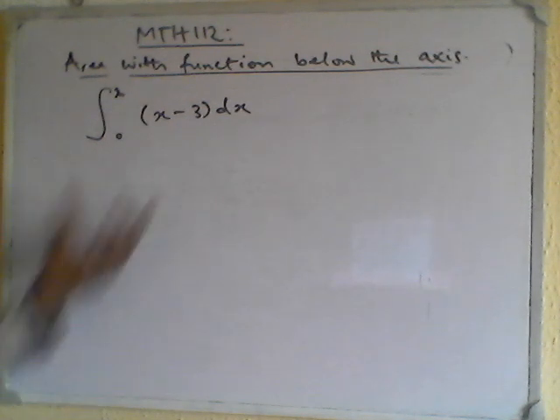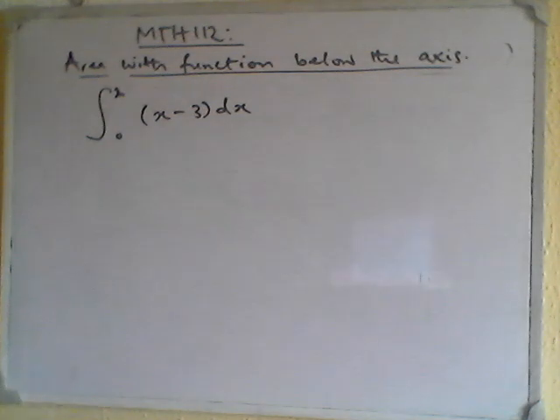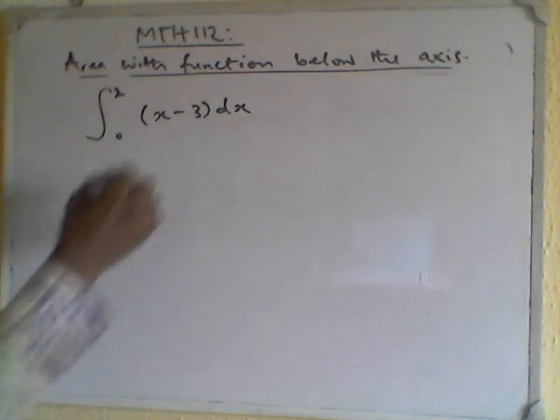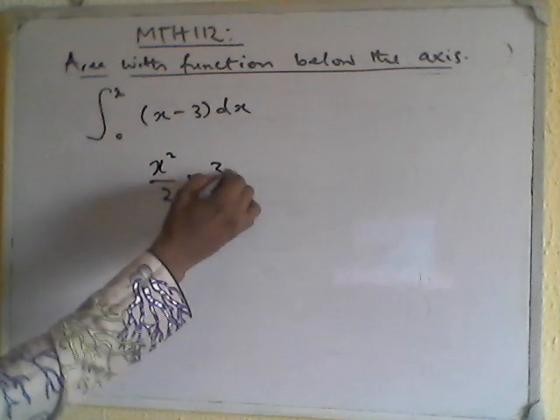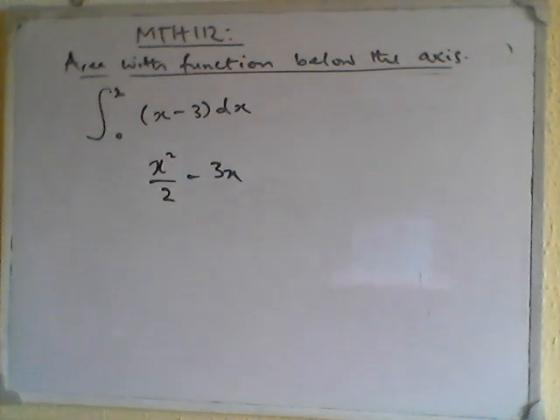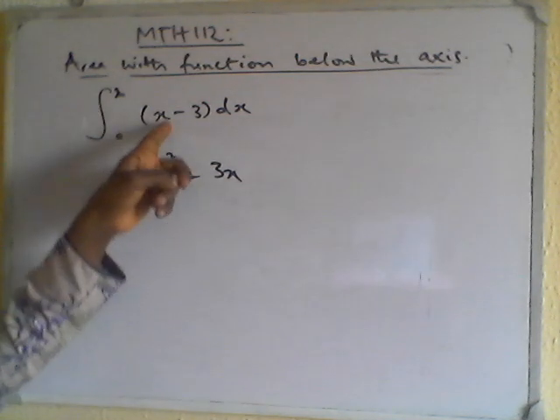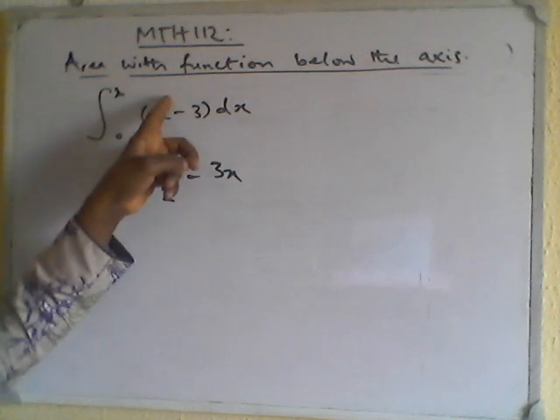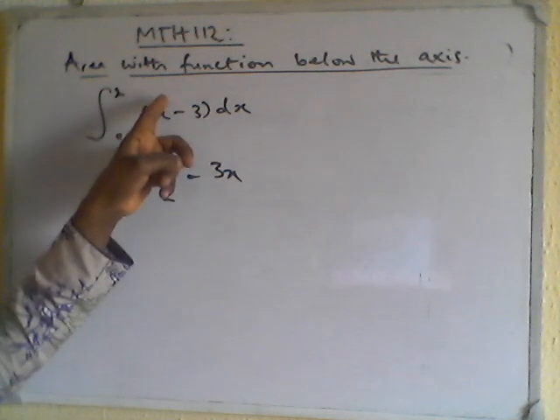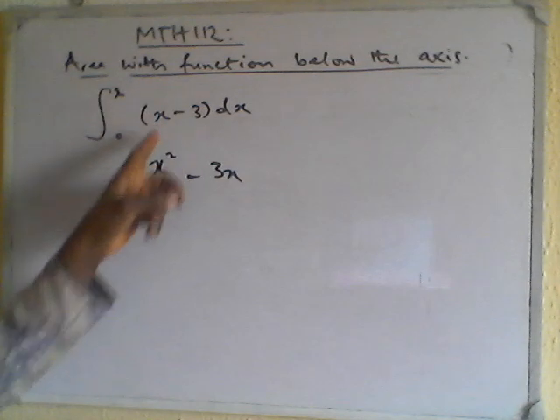Okay, so the first thing to do is to integrate this function. So what I'm having as the antiderivative is x raised to the power 2 all over 2 minus 3x. Now, because this first term, x, I add 1 to the power, that's why I have 2 here. And at the same time, the summation of what I have, I will divide by it.